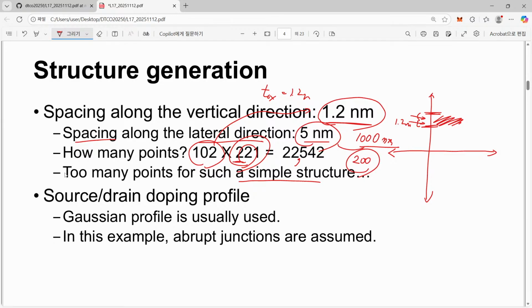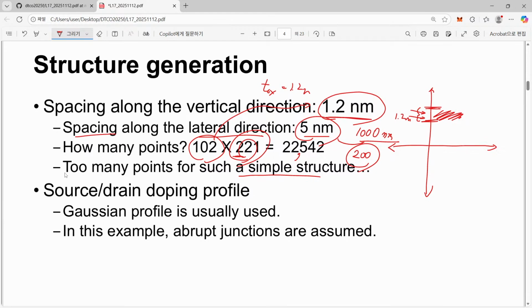But instead of introducing more advanced features of this program, I will just give you a uniform spacing along the vertical and lateral directions. Although your simulation can be a little bit slow, just live with it. You can wait for additional minutes, then you will have the answer.